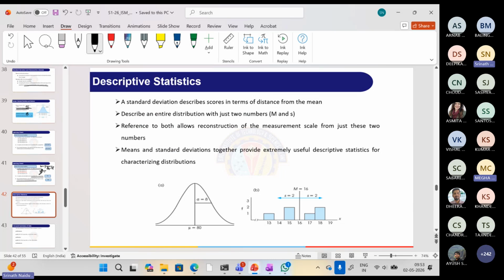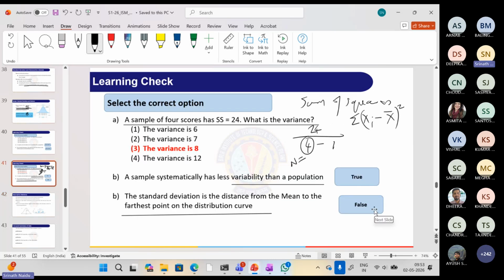Could you please explain the last one, the B? The standard deviation, the distance from the mean to the farthest point on the distribution curve. That's not true, because you took the average of the squared deviations. It's not the distance to the farthest point. It's an average deviation.